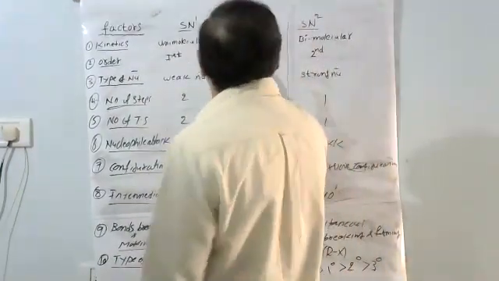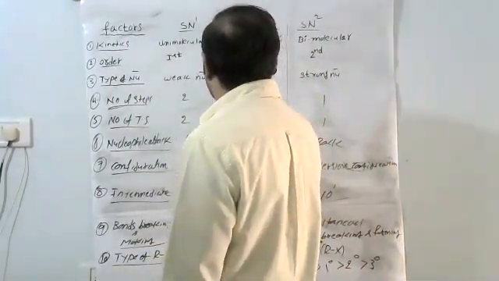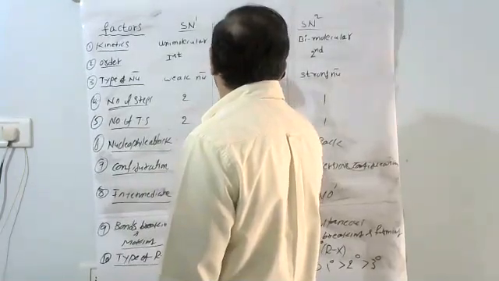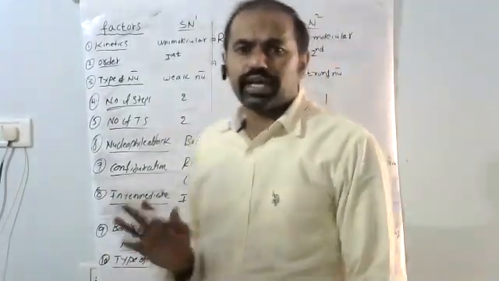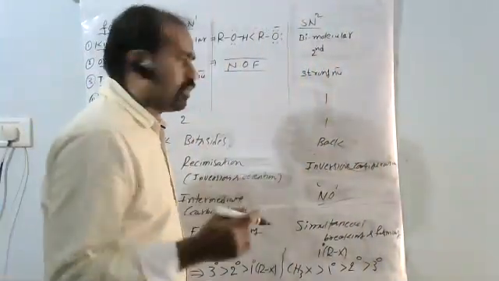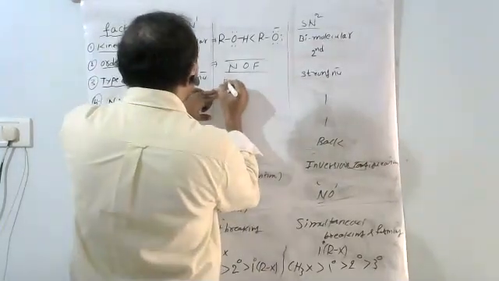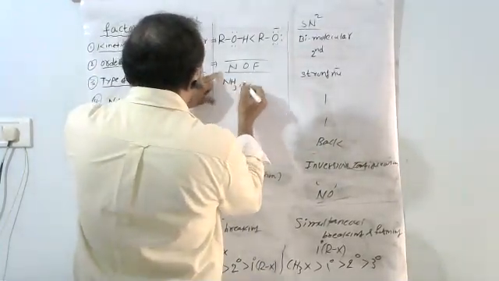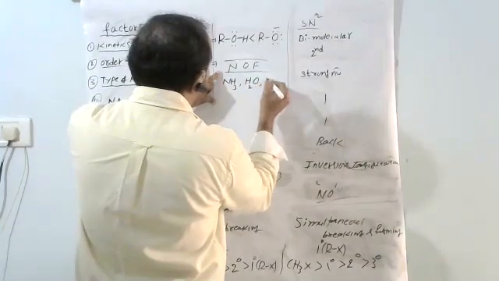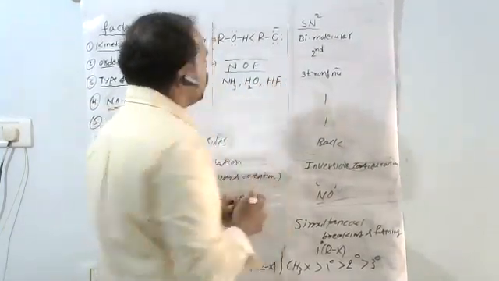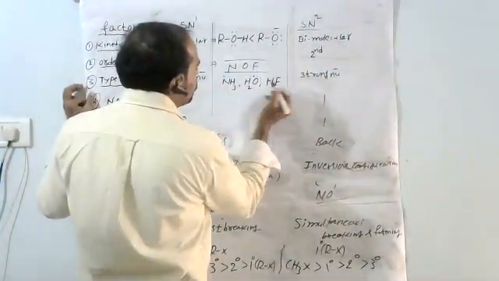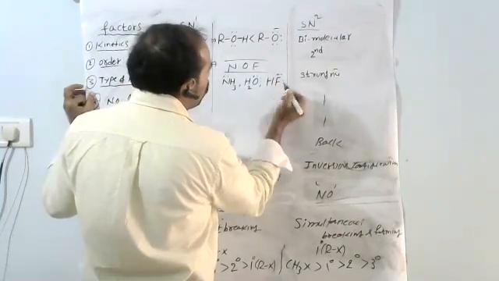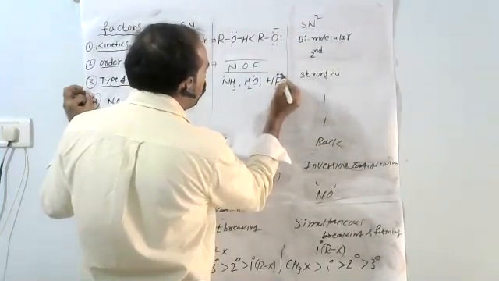For example, in the second period nitrogen, oxygen, fluorine, neon are present. Nitrogen-related nucleophile is ammonia, then oxygen H2O, then HF. All are nucleophiles because nitrogen, oxygen and fluorine all have lone pairs.